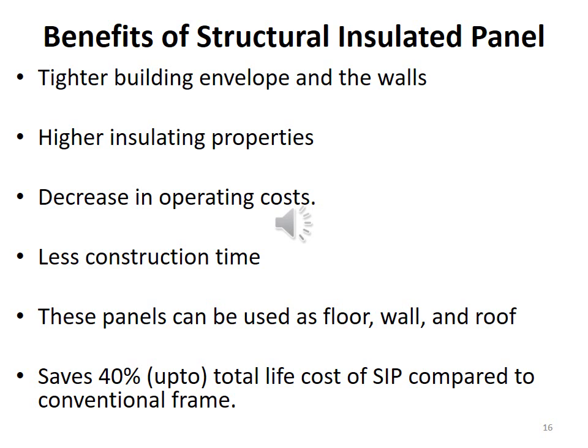As a result, the total life cycle cost of a structural insulated panel constructed home will be lower by up to 40% when compared with a traditional or conventionally built house.